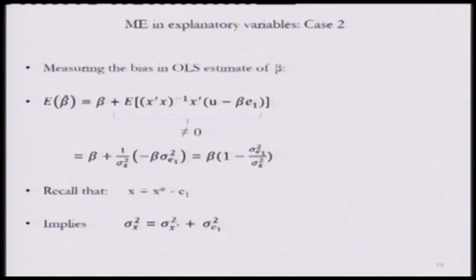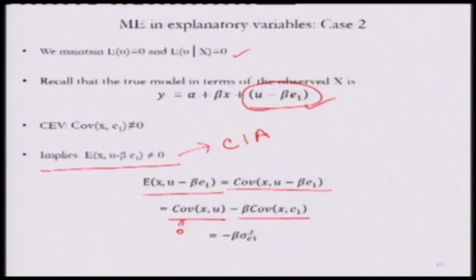So, now we need to measure the bias in the OLS estimate of beta. Why do we start by saying that we are measuring a bias? It is already established that there is a bias when we write this condition, because as soon as we write that x and the new error term are correlated, we are essentially saying that the CIA, the conditional independence assumption, is violated, and hence we cannot have an unbiased estimate of beta.